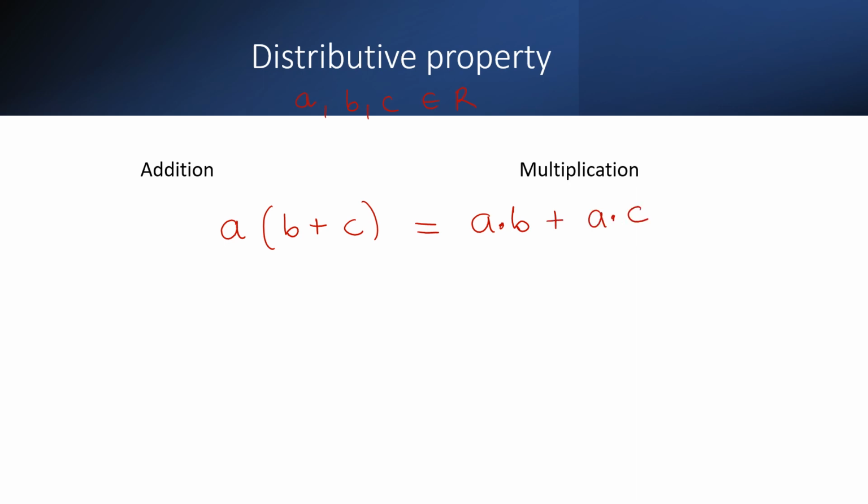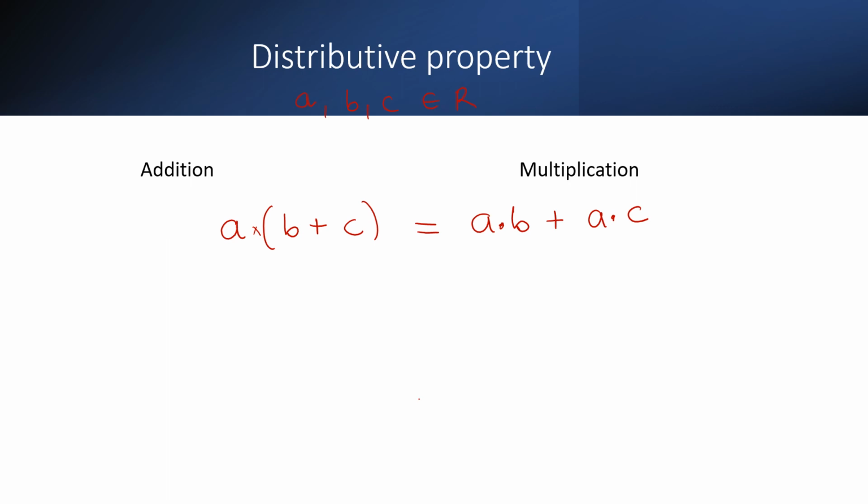You can see two operations are already involved. This is multiplication here, and this is addition here. So we don't need to separate it. It means you distribute this a over the addition so that we have this.